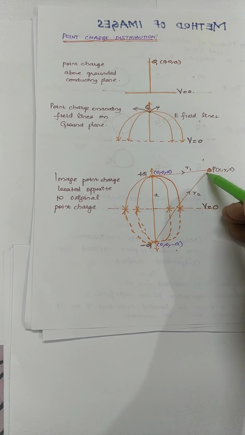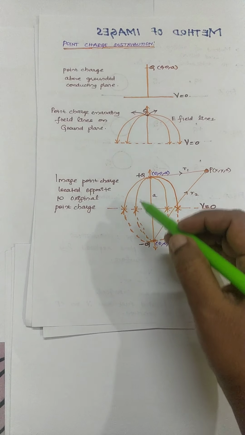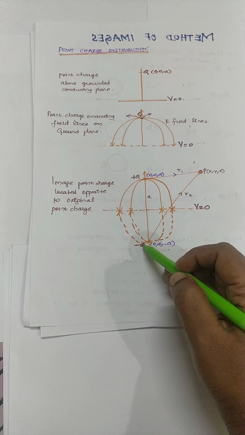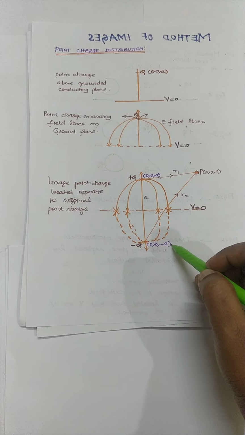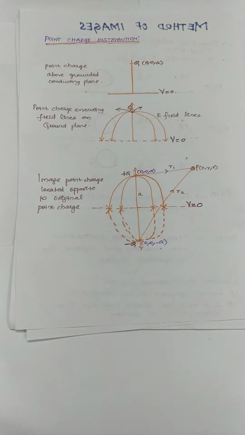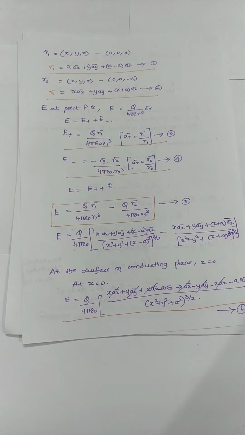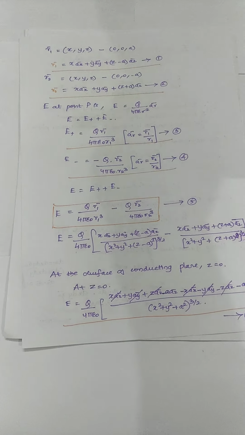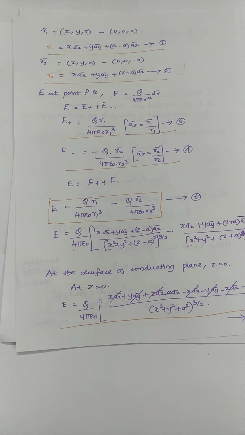So we have chosen a point P at some distance from charge Q and from minus charge Q, at (0, 0, A) and (0, 0, minus A). Based on this, we are going to prove that plus Q is equal to minus Q. Our first step is to find the vectors R1 and R2.